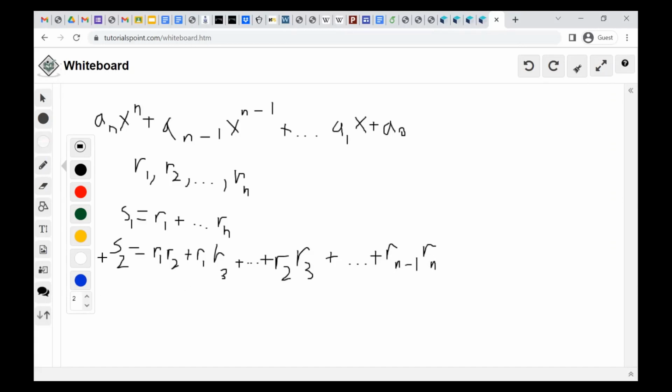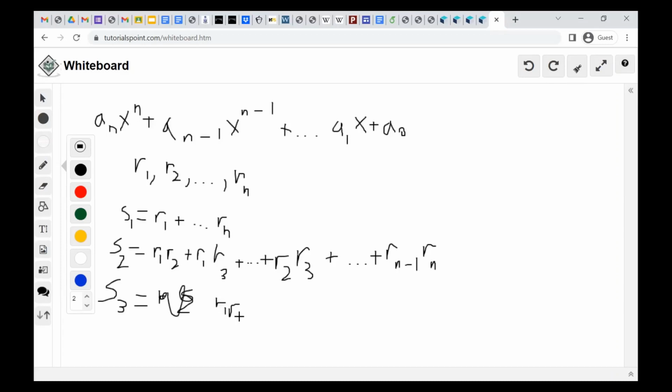So S2 is the sum of the products of all possible pairs of distinct roots. And similarly, S3 is the sum of the product of all possible triples.